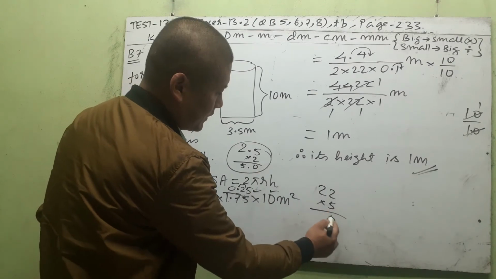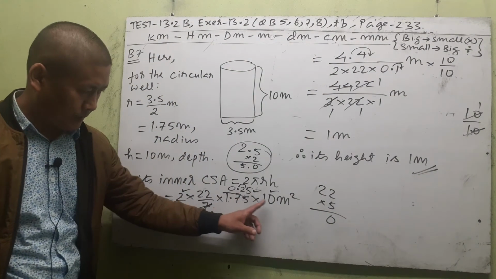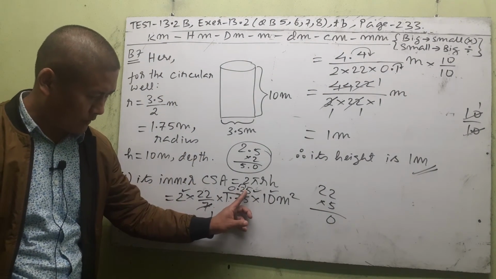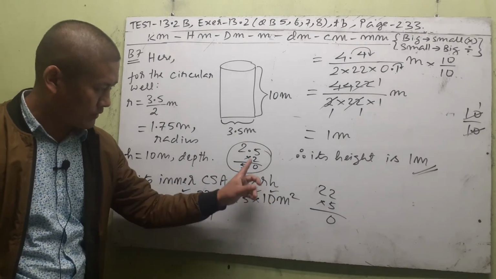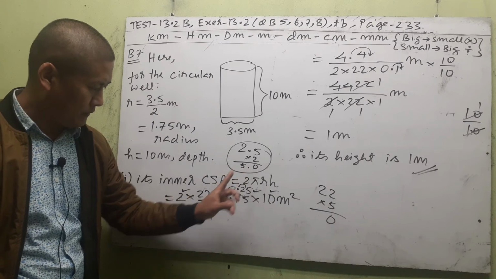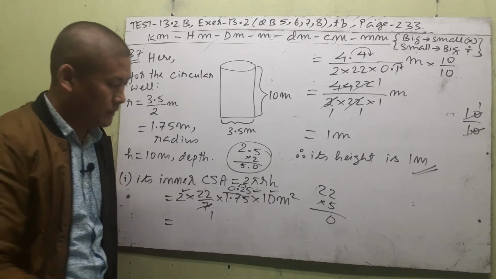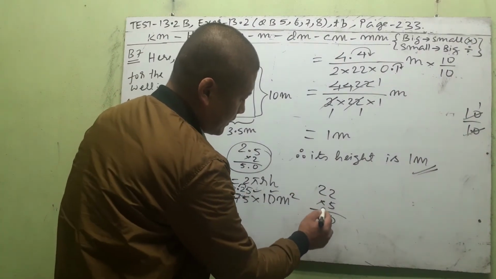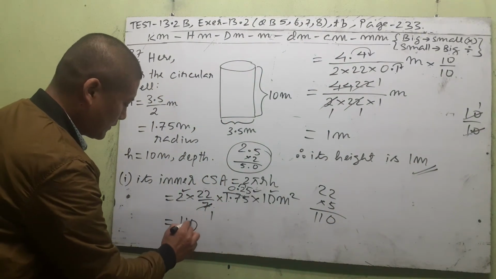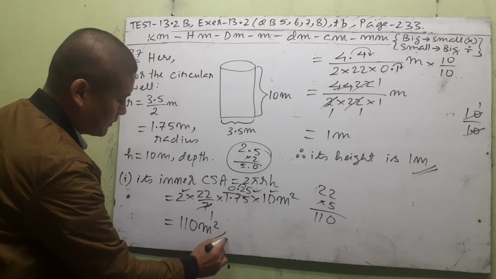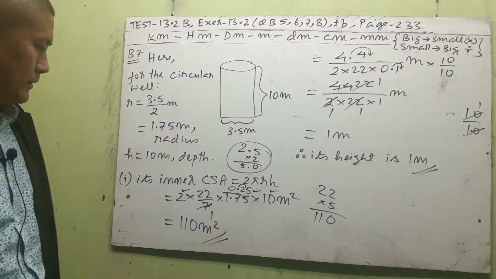So 5 2s are 10, plus 1, remainder 11. So 110 meter square is the curved surface area of this cylinder.